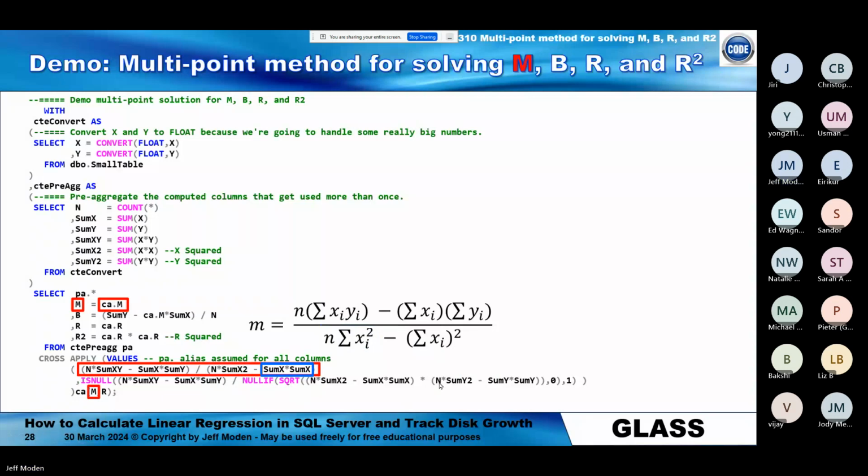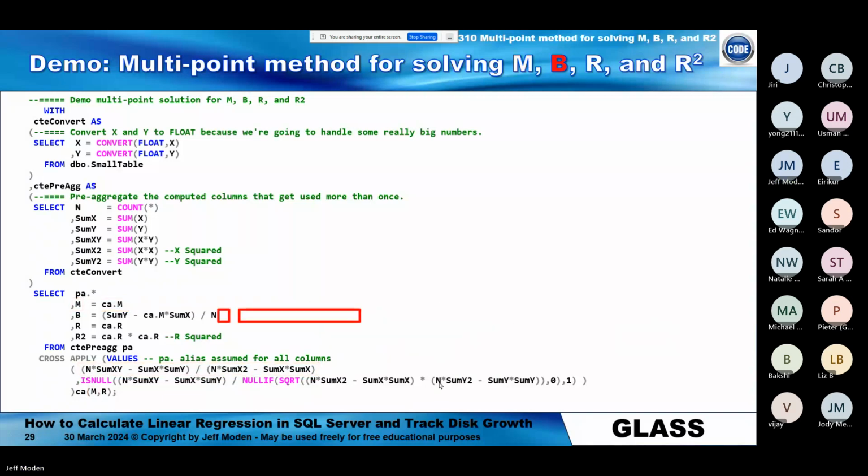Not real hard. Up next, B. This is really hard, right? Sum of Y minus the slope times the sum of x, divided by n. Not real hard.